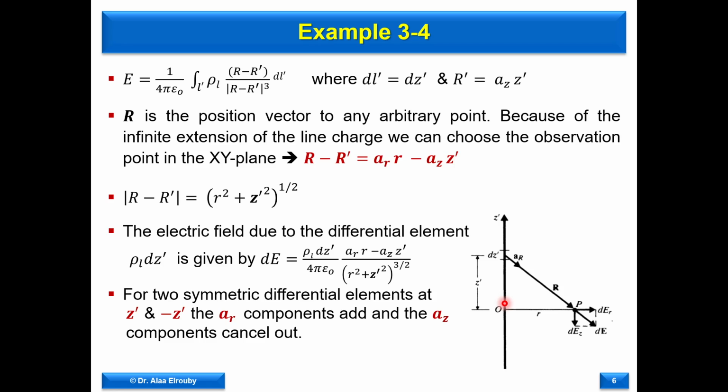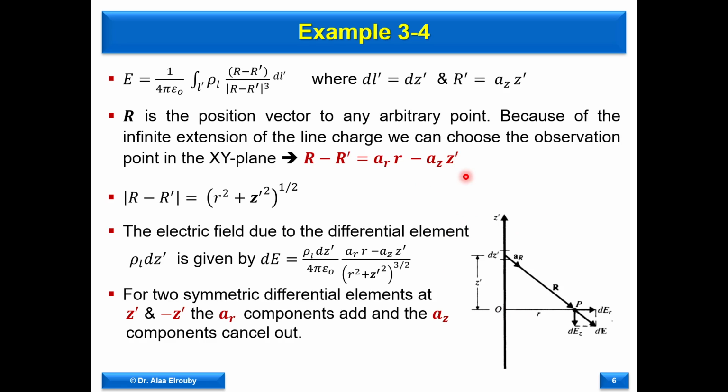Also, because this is a line, you can think of it as a very tiny cylinder. If you rotate the source, which is this line, around the z-axis in the phi direction, you wouldn't notice any difference from the observation point, which means we must also have symmetry in the phi direction. So we can benefit from the geometry of the problem in setting the correct expectation for the resultant field.